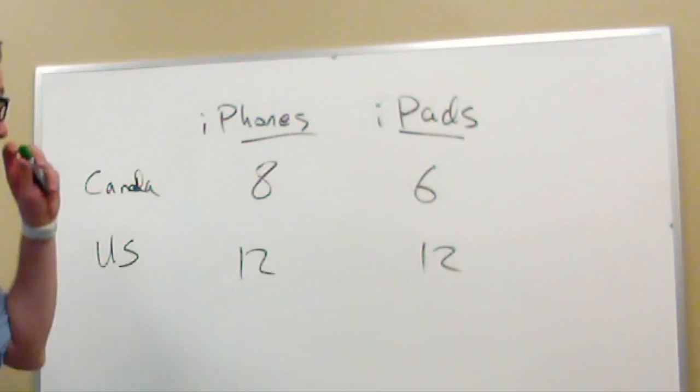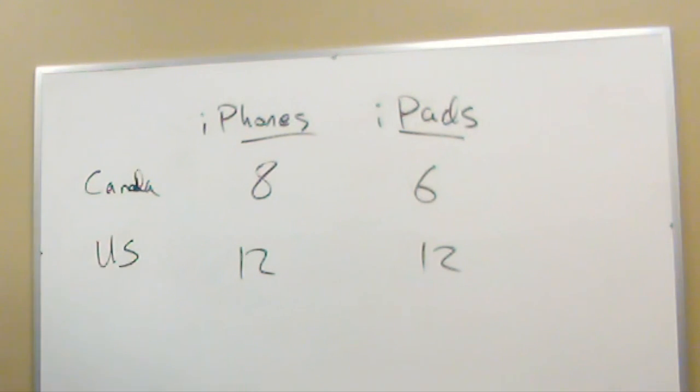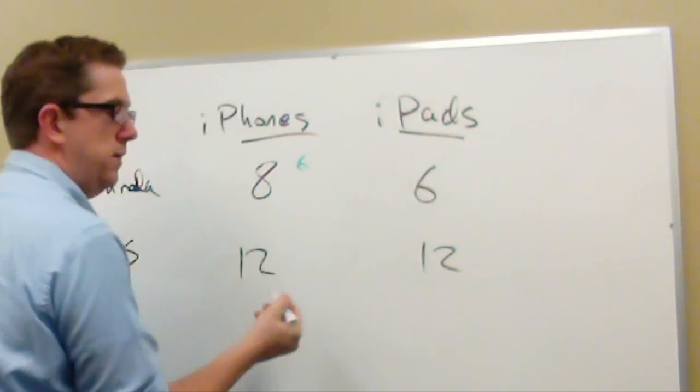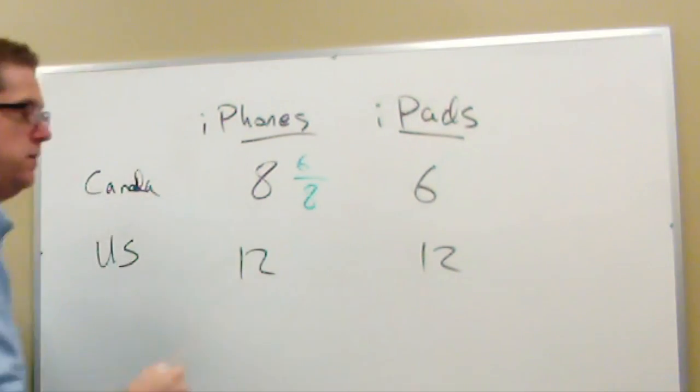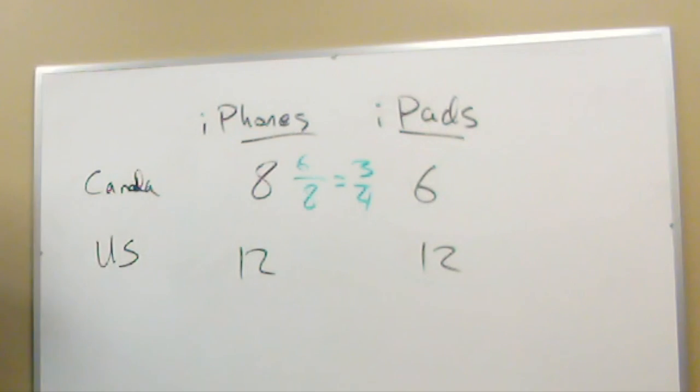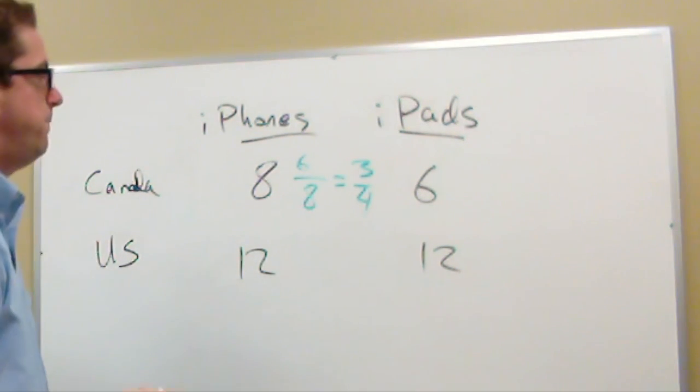So, in Canada, if we decided to devote an entire day to producing iPhones, we would get 8 iPhones. We give up the opportunity to produce 6 iPads. So we give up 6 iPads to get 8 iPhones. The opportunity cost of each iPhone is 3/4 of an iPad.